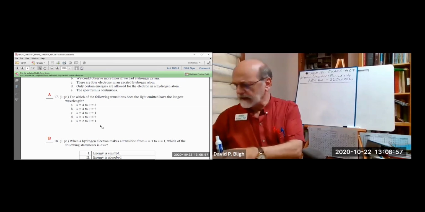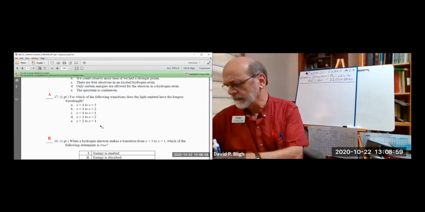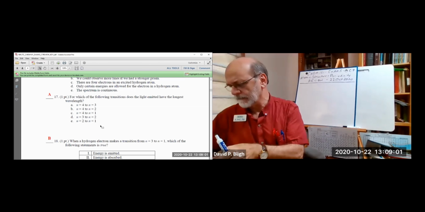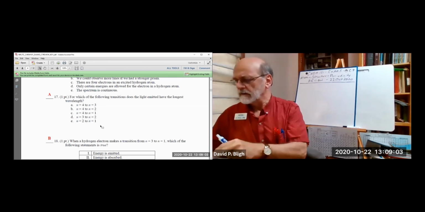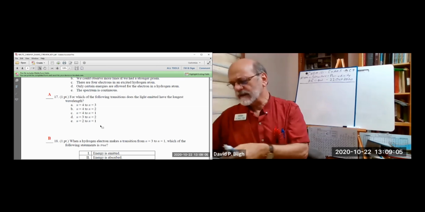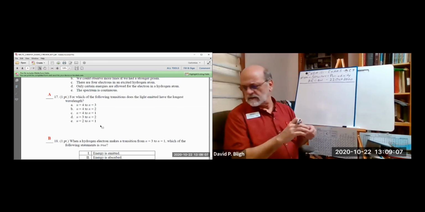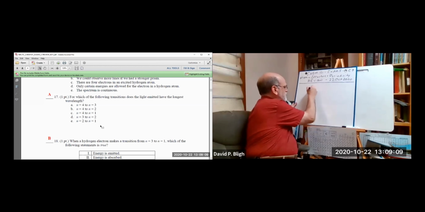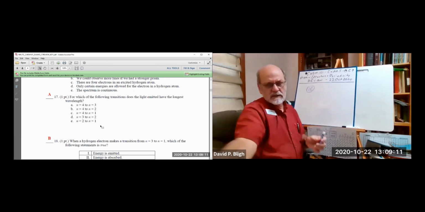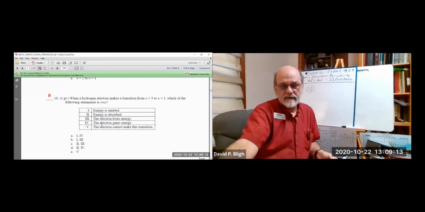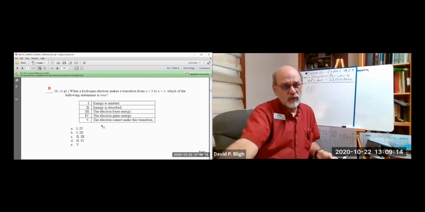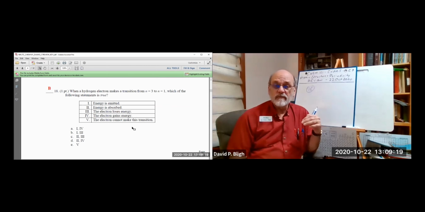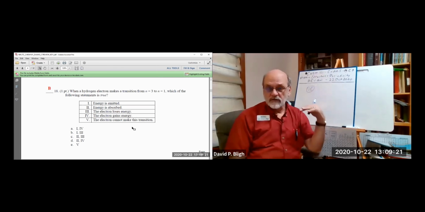Okay, let's see. Yeah, I guess I better look at 18 as well. This is a good point. When the electron in a hydrogen atom makes a transition from 3 to 1, which of the following statements are true?